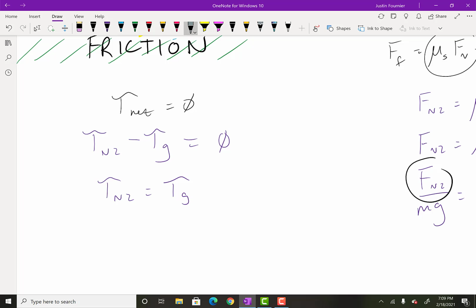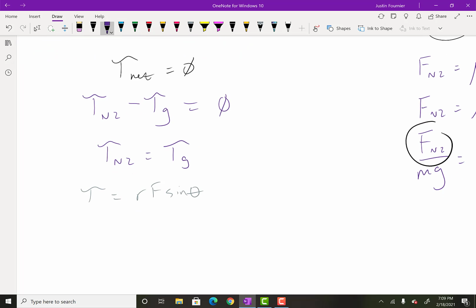So again, any torque is equal to R F sine theta. So that basically means torque from N2, I'll call it R2 Fn2 sine of theta 2, is going to equal Rg mg, it's the weight, sine of theta g.